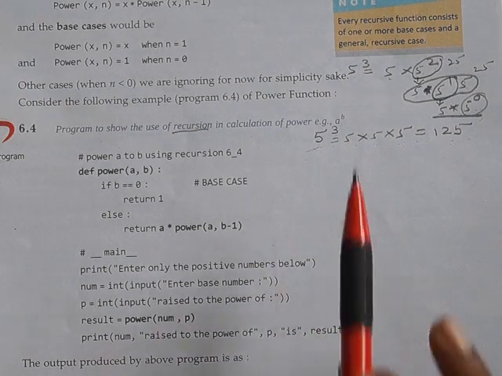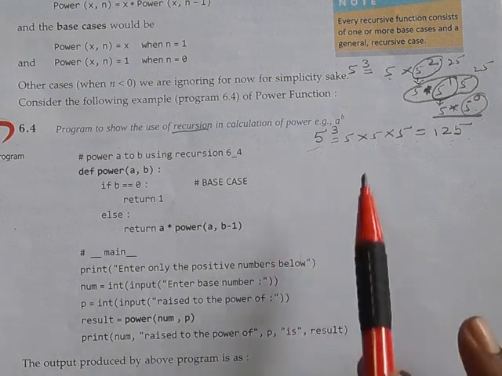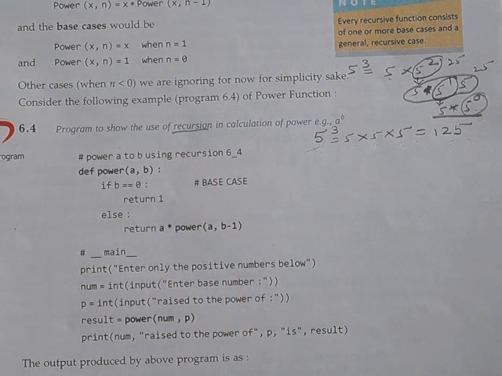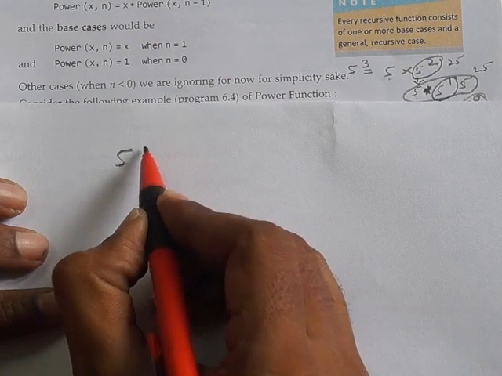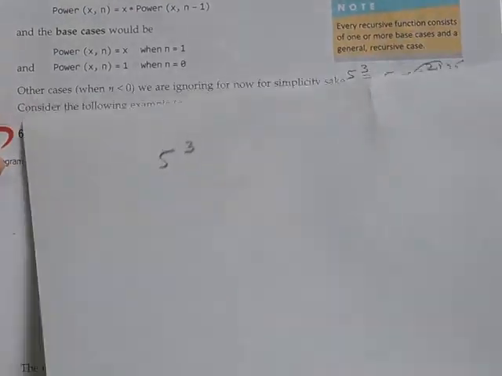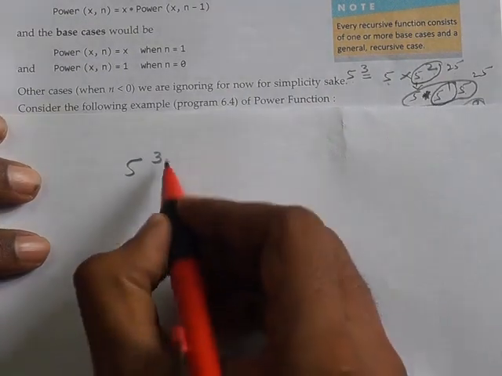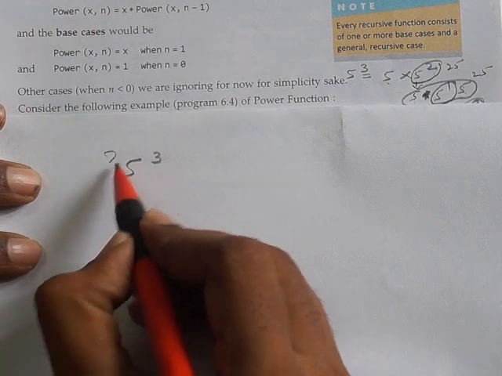The same 5 power 3 I am going to explain in the recursive method. I am going to find the value in recursive method. So what is the value of 5 power 3? I don't know.